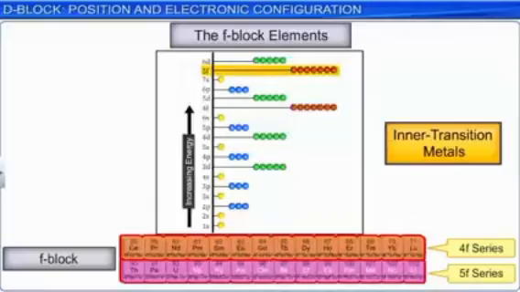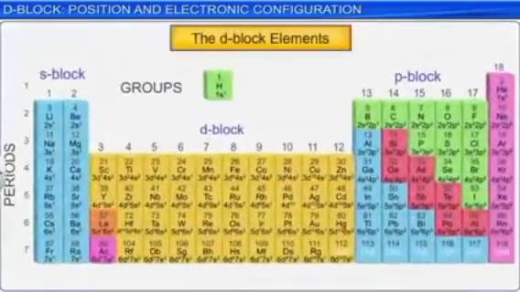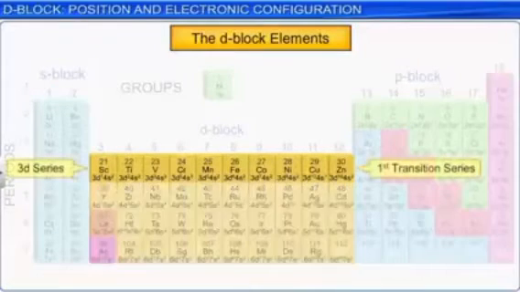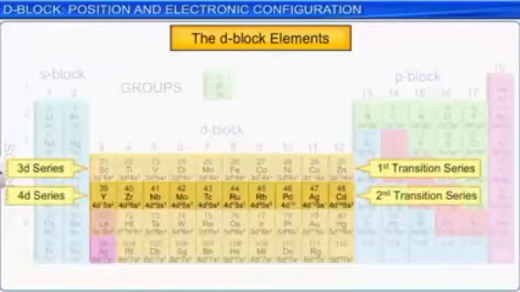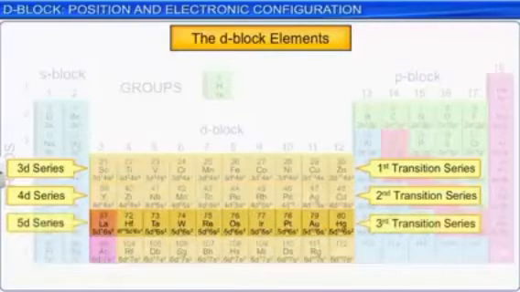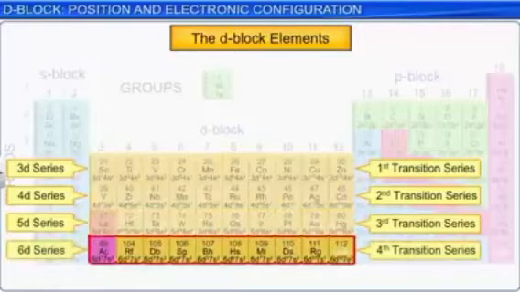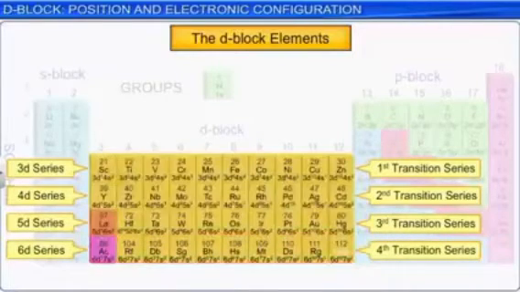There are mainly 3 series of transition elements. They are the 3D series, the 4D series, and the 5D series. The 4th series, the 6D series, which begins with actinium, is still incomplete. The first transition series includes the elements from scandium to zinc.